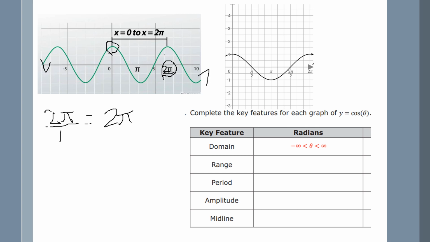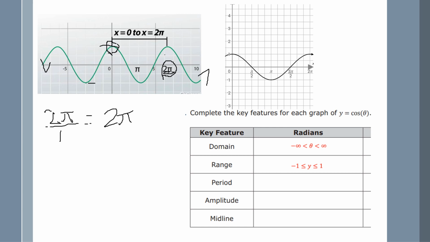So let's look at the range. The range is going to be from negative 1 to positive 1. And yes, it's the same for sine as well. So sine and cosine are going to have the same domain and range.